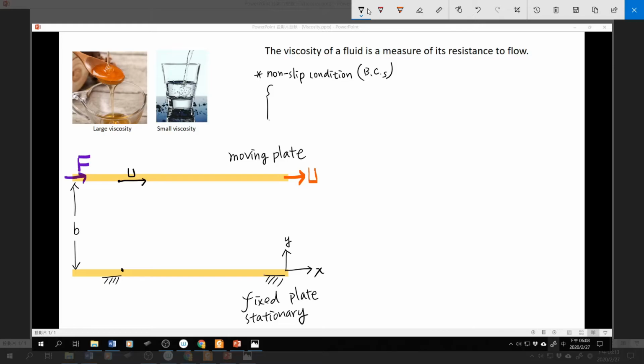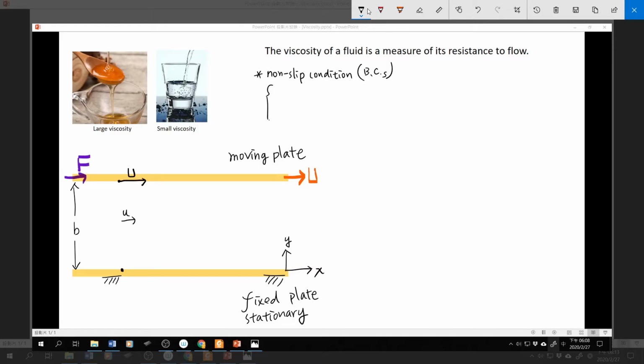So we call the fluid velocity here small u. For the non-slip boundary condition, it means that the fluid is moving at the same velocity as the boundary. In this case, the boundary is the plate, so it moves with the plate. So the fluid particles at the upper plate move with the velocity U, and at the lower plate the fluid particles just stop, stationary, right?